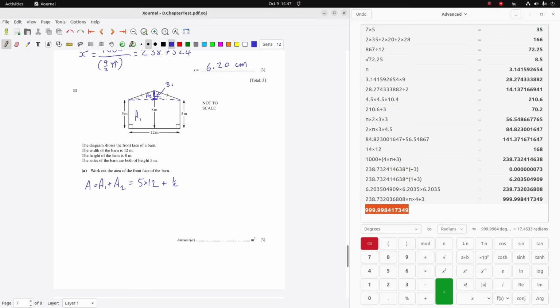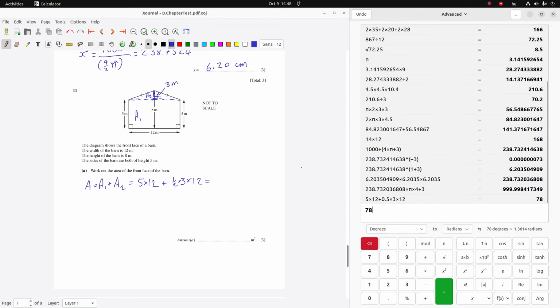So that's equal to 3 meters. So the height of the triangle, not the height of the whole barn. Half times 3 times base equals, let's go to the calculator. 5 times 12 plus 0.5 times 3 times 12. 78.